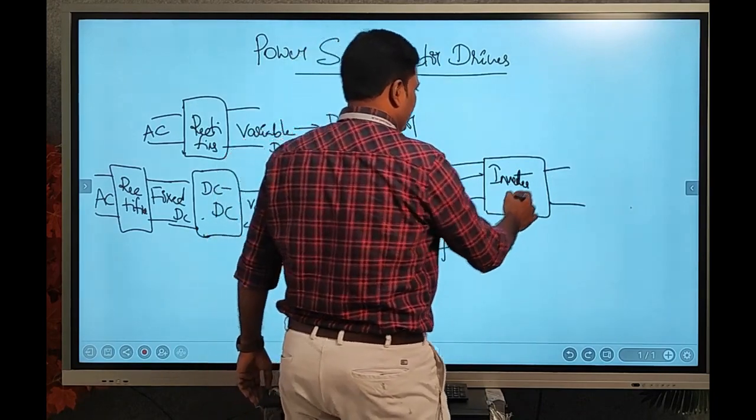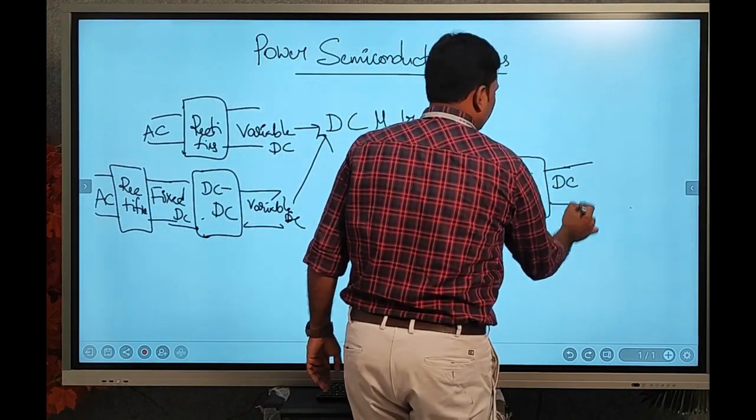But how will the inverter be fed? The inverter can be fed with DC.